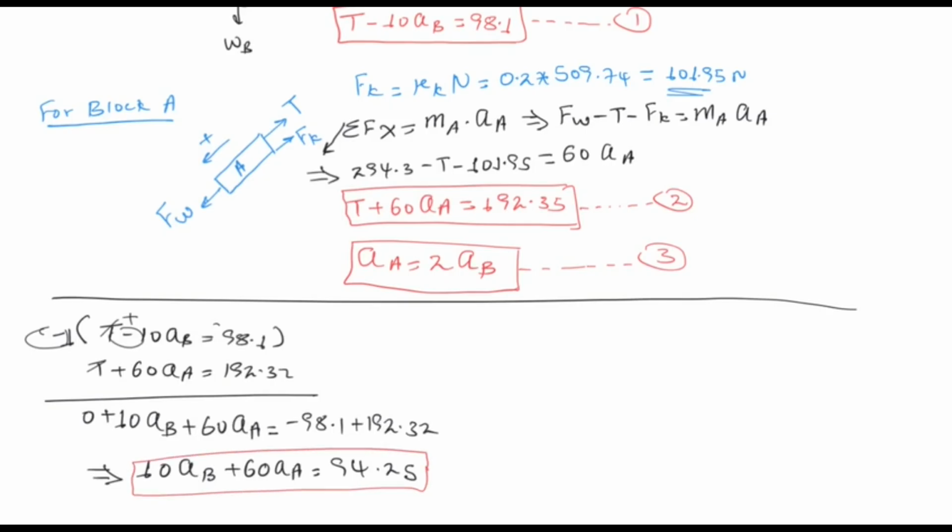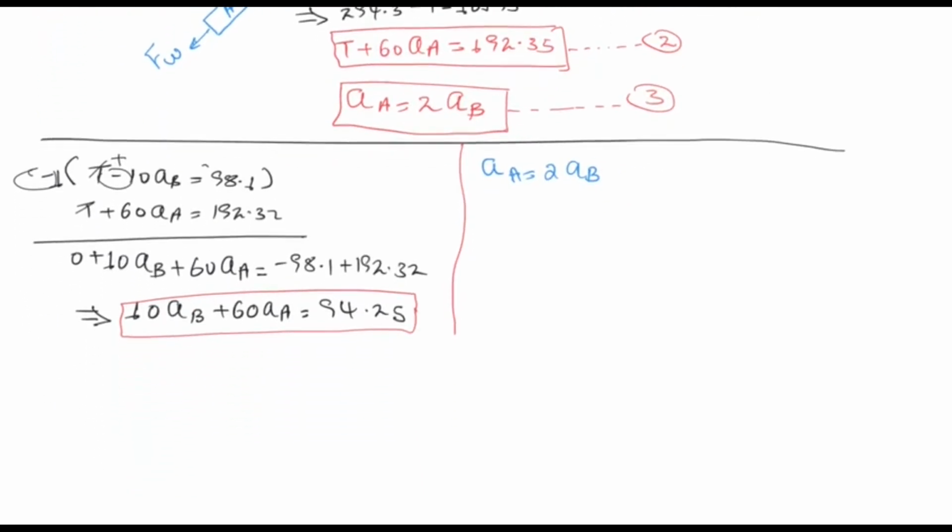Now if you substitute the value of acceleration of A or acceleration of B from equation 3 into this equation, then we can simplify it to one of the two accelerations. Acceleration of A is equal to 2 times acceleration of B. Let's substitute this into this equation.